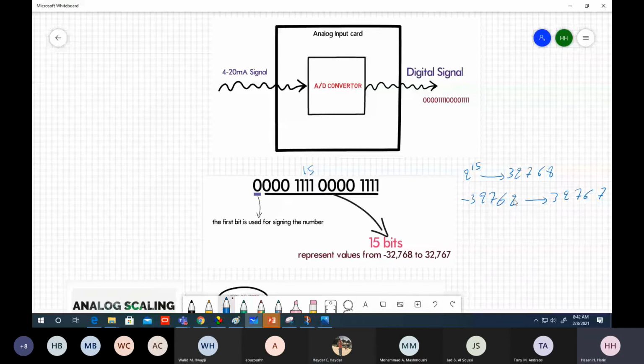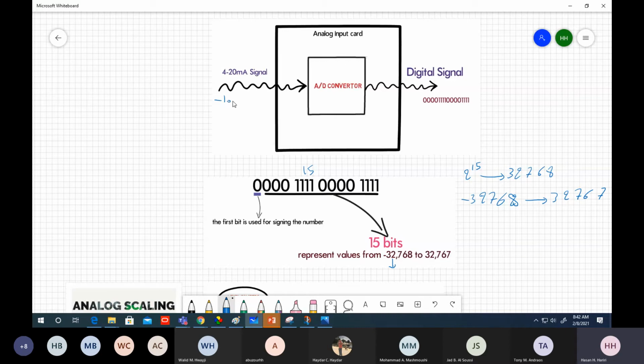So this represents values from minus 32768 to 32767. And this is assuming I'm taking a signal minus 10 milliampere to 10 milliampere, then this one corresponds to minus 10 milliampere, and this corresponds to 10 milliampere.